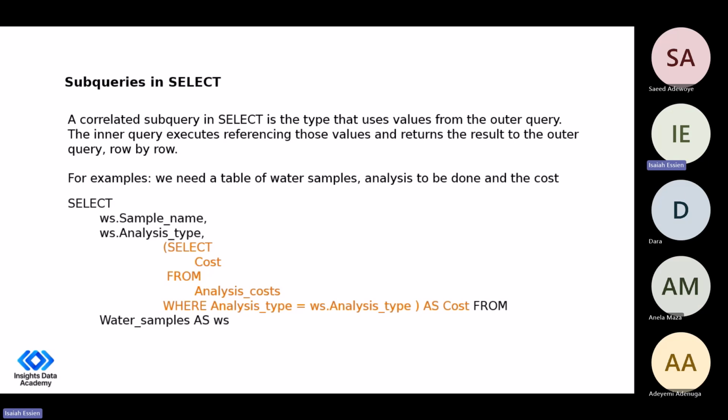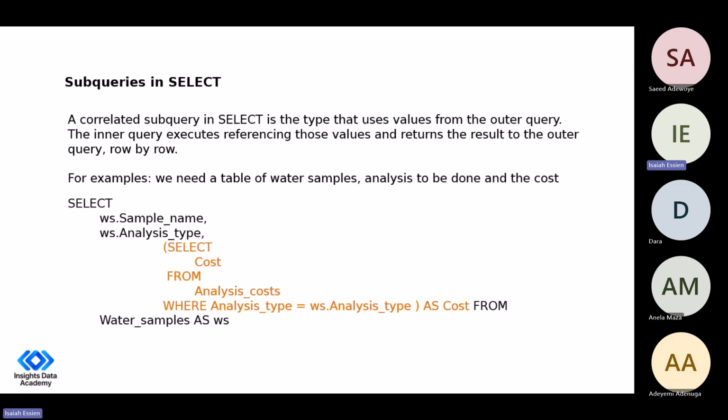What we now get is the sample name, the analysis type, and the costs of each analysis type, joined to these columns. So this is kind of replacing a join.